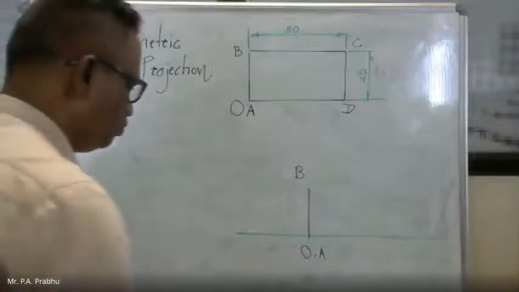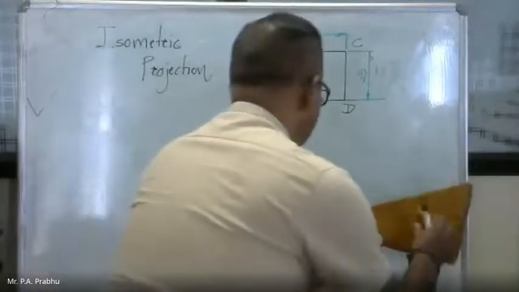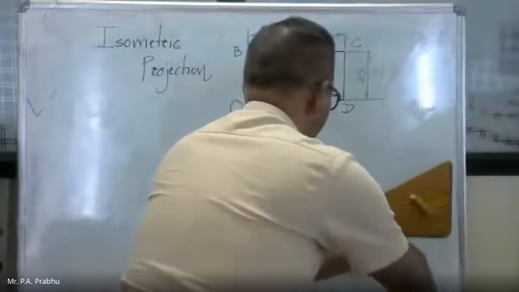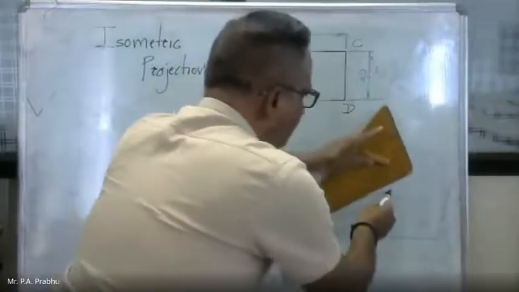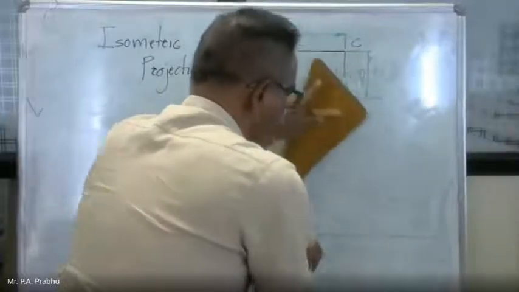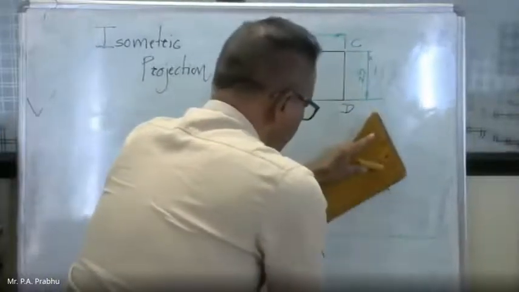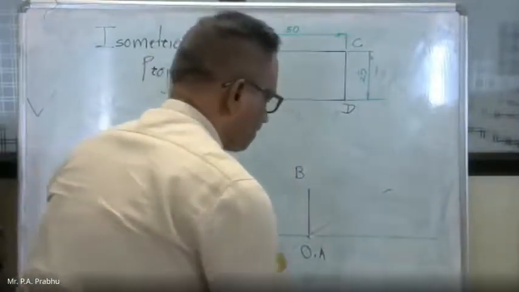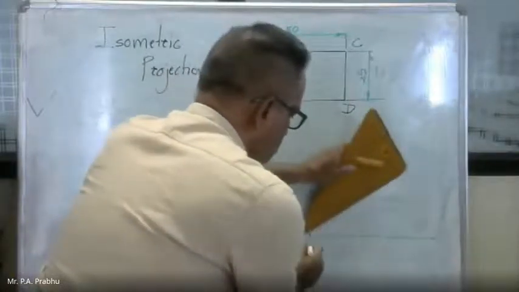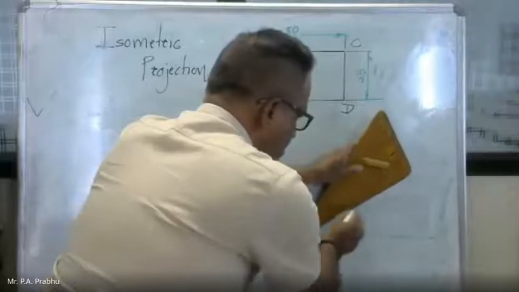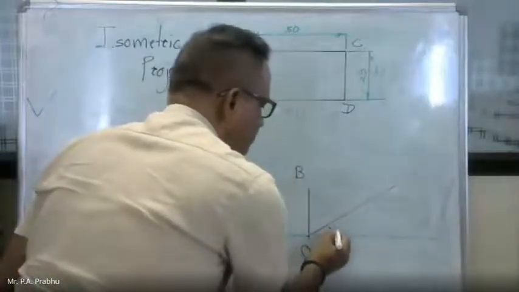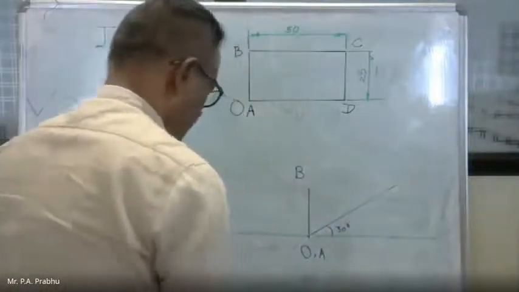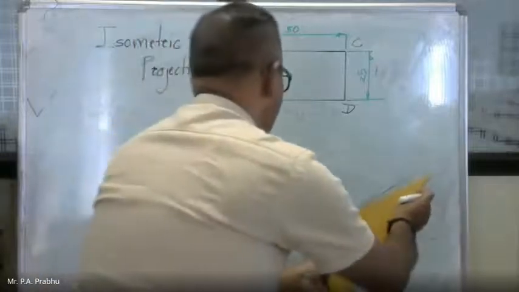So through point O, draw a line inclined at 30 degrees. This angle, always remember, is 30 degrees. As it is the isometric drawing, take the length. How much? It is 50 mm.